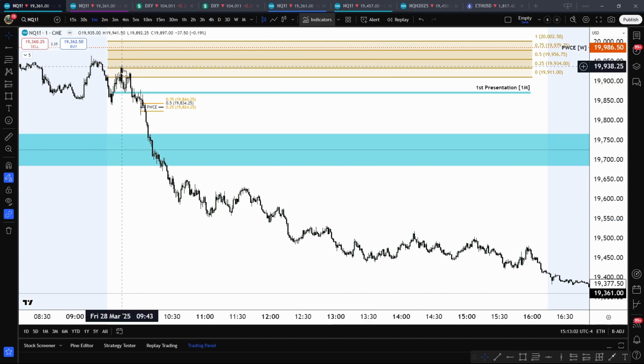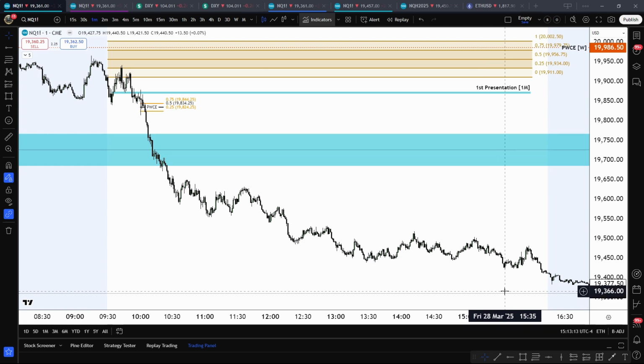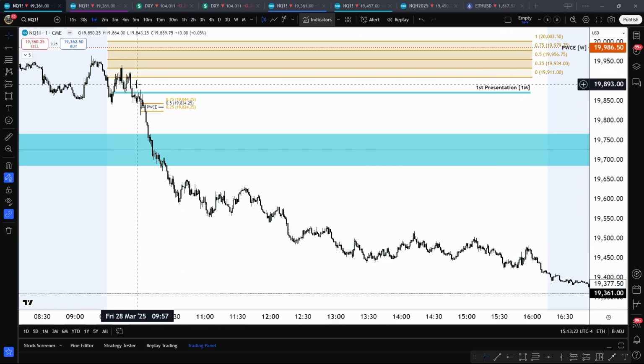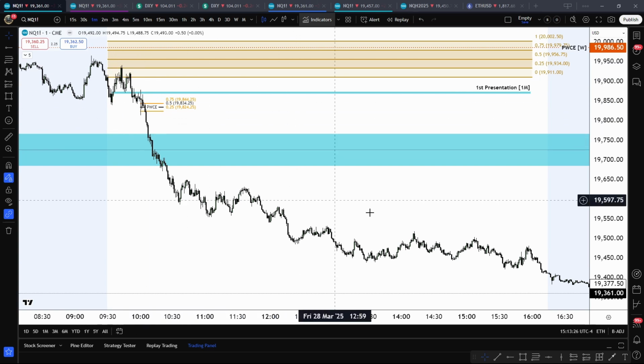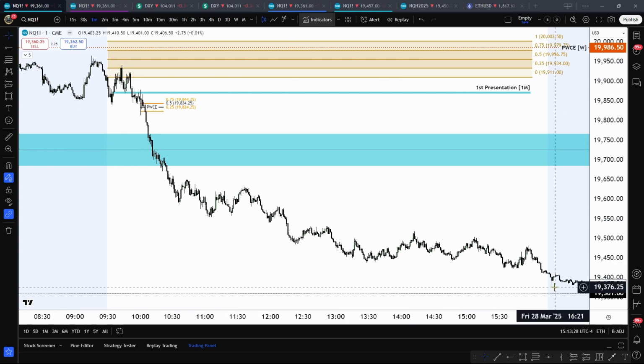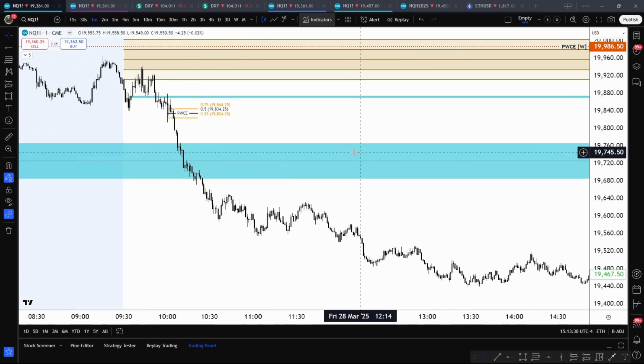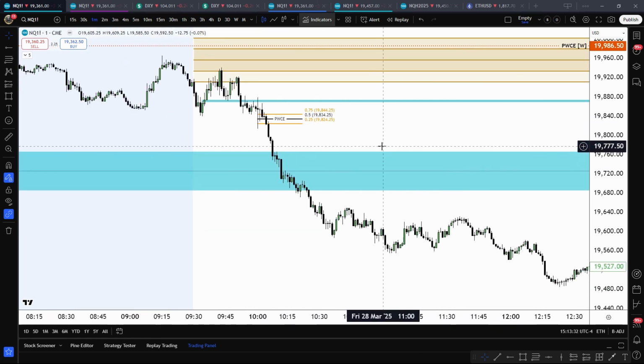So high of the regular trading hours created 30 minutes past 9:30, and the low is created 5 minutes past 3:30. So low of day created in the last hour of trading, high of day created in the first hour of trading. And yeah, we just had a beautiful day and actually a beautiful week of price action if you were on the right side.